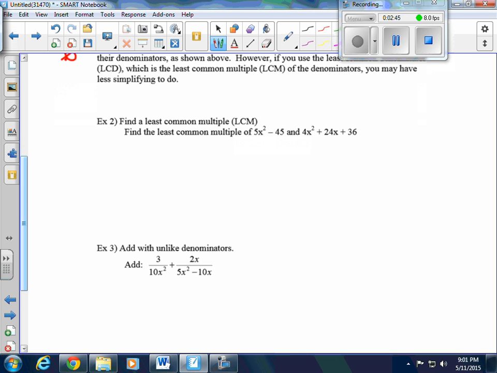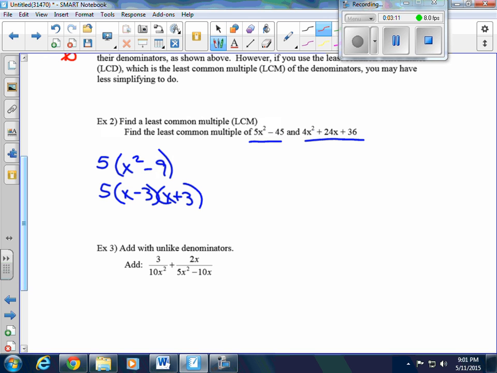So the first thing we're going to want to do, we have 2 polynomials here, and we're going to want to factor them. If we look at the first one, I can take a 5 out of there. So we're going to get 5 times x squared minus 9 if we factor that. And so this is really 5 times x minus 3 and x plus 3.